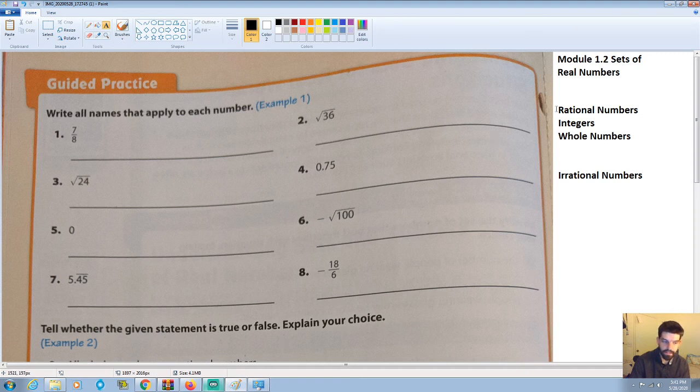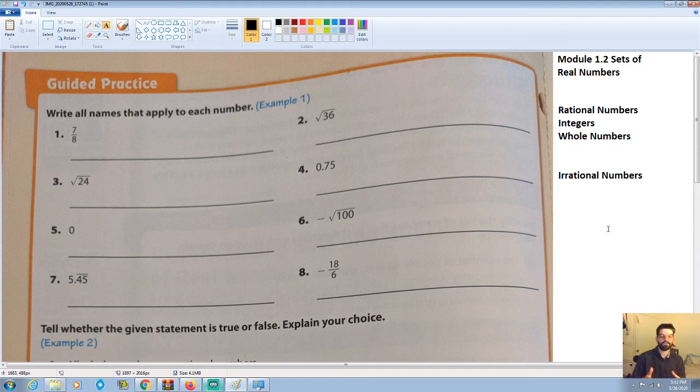So just as a quick recap, the possible choices that we have, if we were to make a Venn diagram of this, all whole numbers are going to be at the very core of the circle here. So all whole numbers are rational numbers, all integers are rational numbers, and then irrational numbers are their own kind of category.